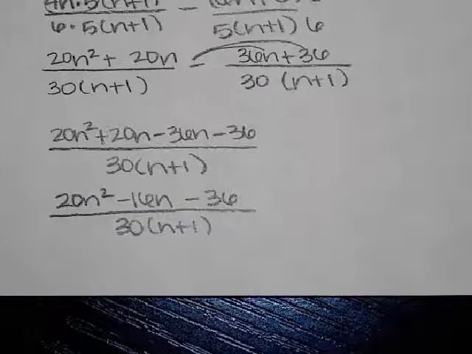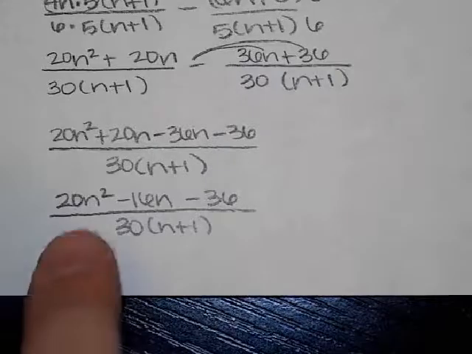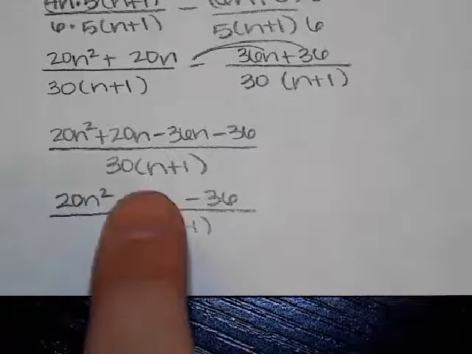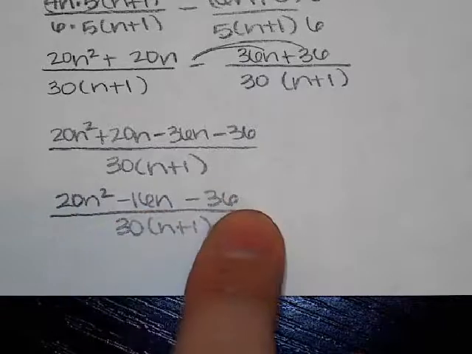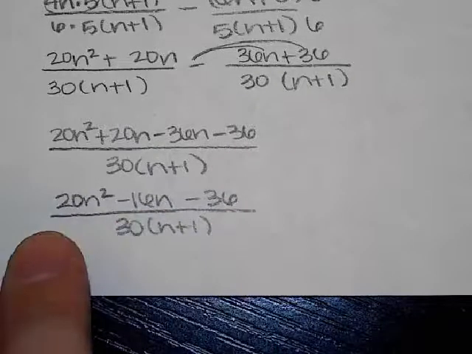There's a GCF of 4. Everyone see that between 20, 16, and 36? There's a GCF of 4. Everyone see that? So we can divide 4 out of 20, we can divide 4 out of 16, we can divide 4 out of 36. All of those are divisible by 4. Okay. So let's go ahead and divide the 4 out.